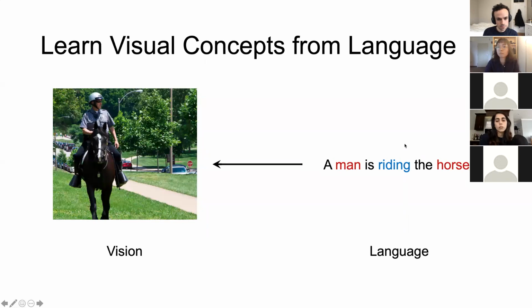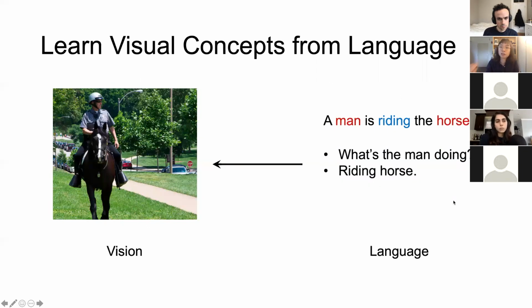For example, looking at this image and the corresponding text, a man is riding on a horse. Can we ground these terms like a man or horse or riding onto the visual input based on just the natural language description? And later on, can we use the learned visual concepts to answer questions regarding this image? For example, what's the man doing? Then probably the answer is riding a horse.